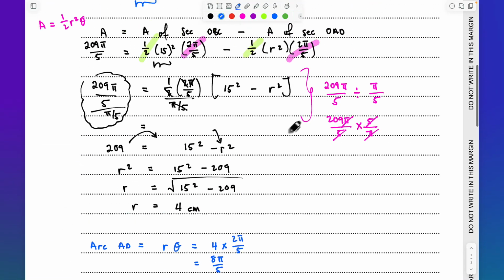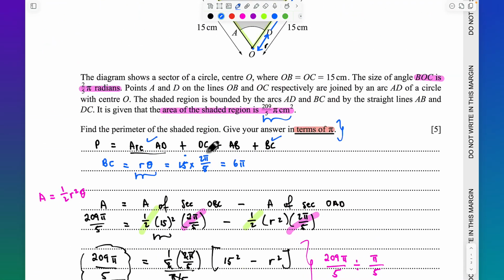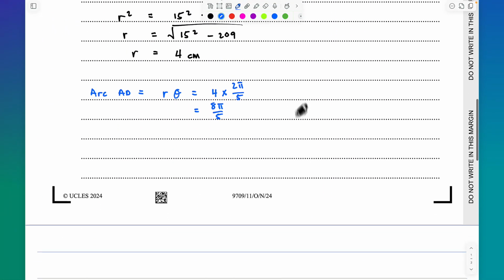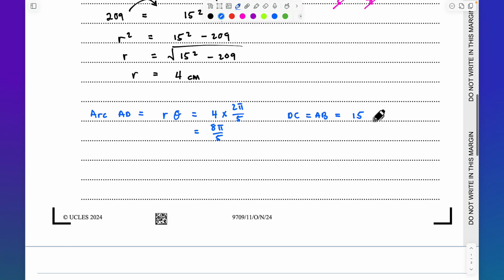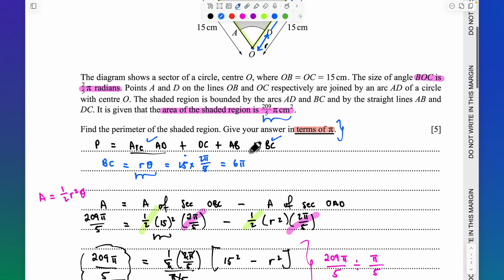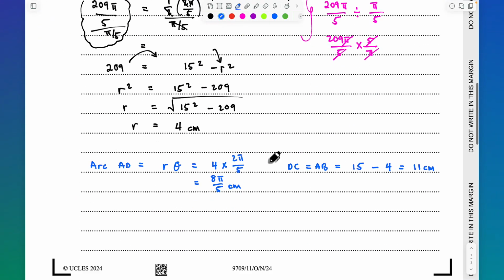So how we're going to write that is DC is equal to AB. They're both exactly the same. And that's equal to 15, the radius of the big sector, minus the smaller radius, which is 4. So therefore, that answer is equal to 11 centimeters. This is also in centimeters.